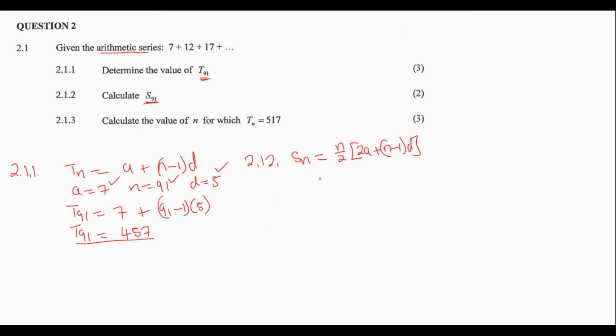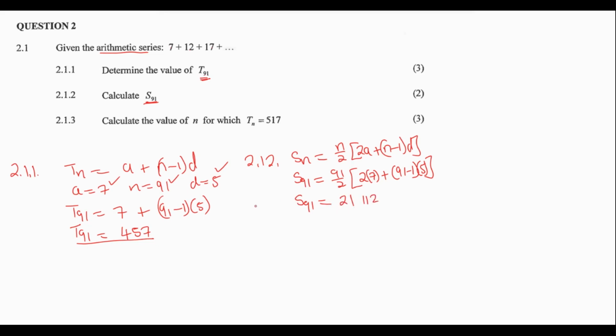So we substitute into the formula. So S91 is equal to 91 over 2, then 2 times 7, plus 91 minus 1 times 5, right? Then you can put this in the calculator.